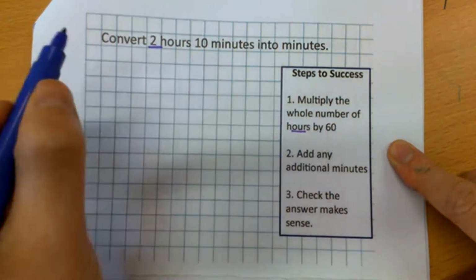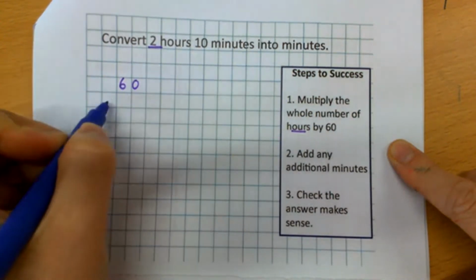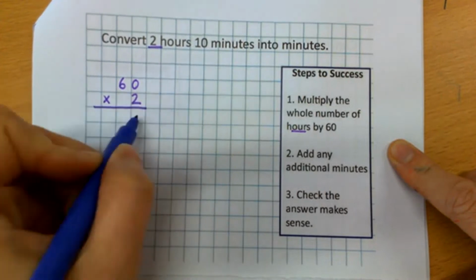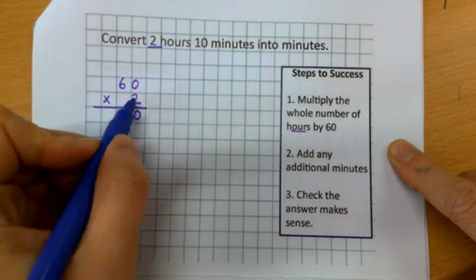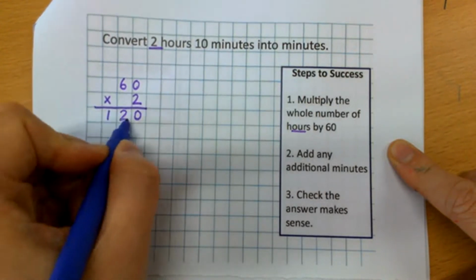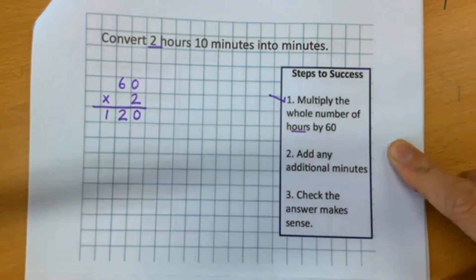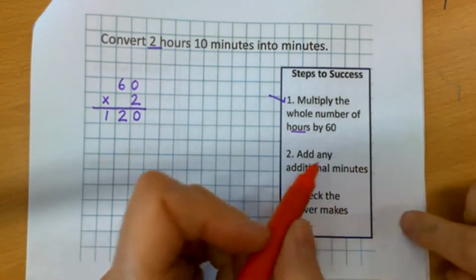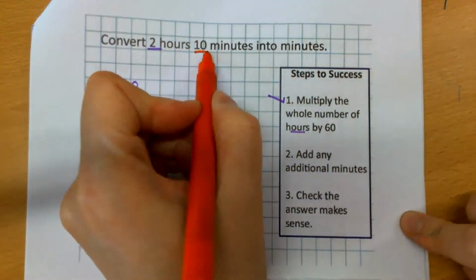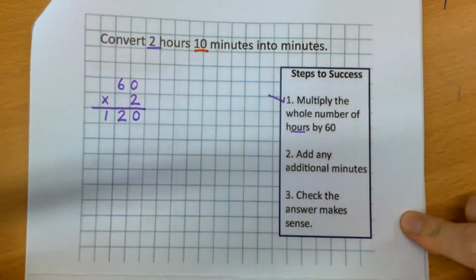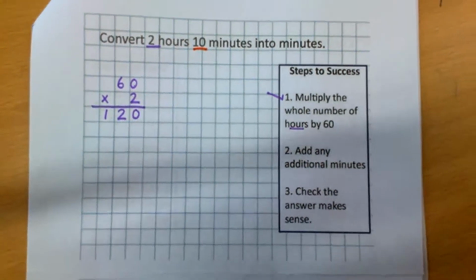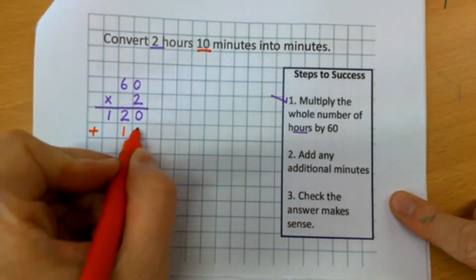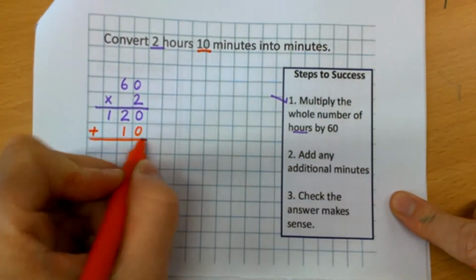So I have 2 hours. 60 times 2 equals, 2 times 0 equals 0, 2 times 6 equals 12. Great. Now I'm going to add any additional minutes. So I know that I have 10 minutes. So I'm going to add 10 minutes.